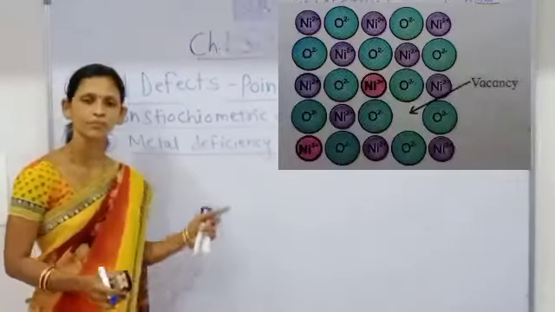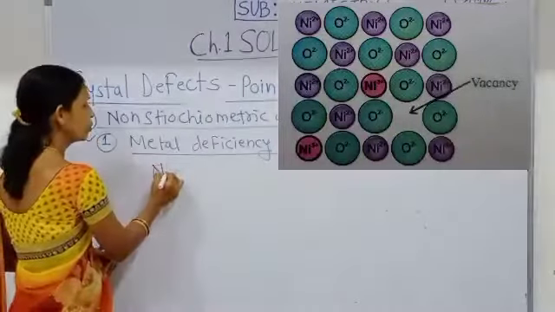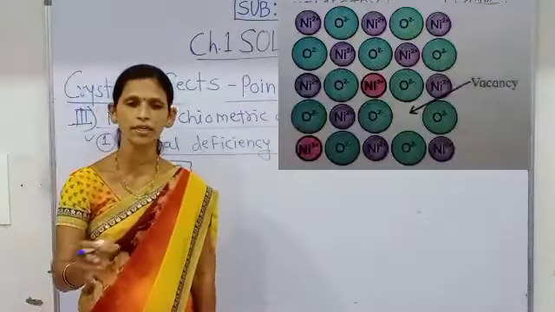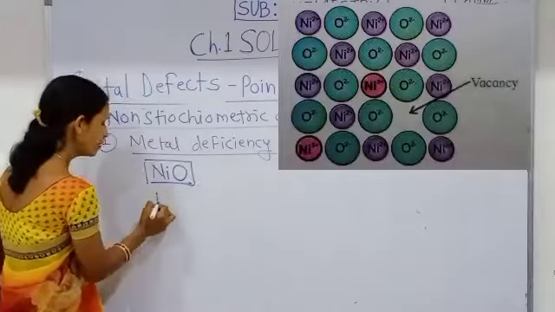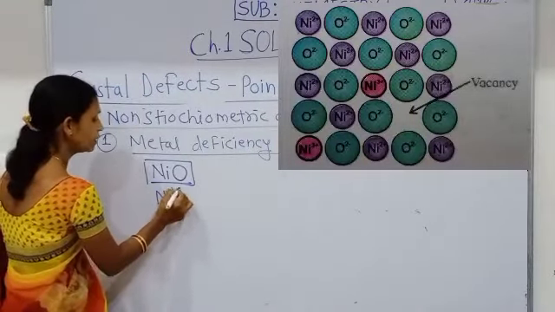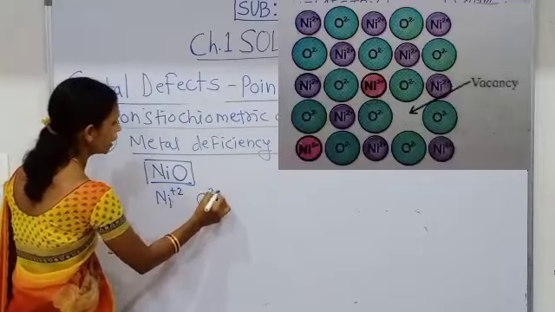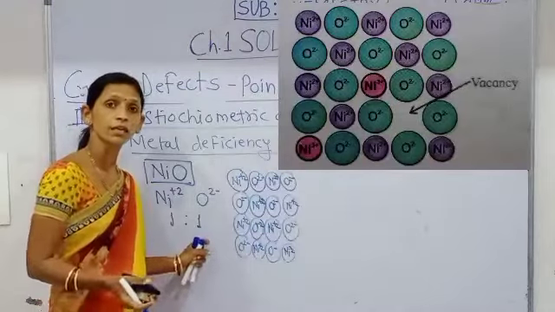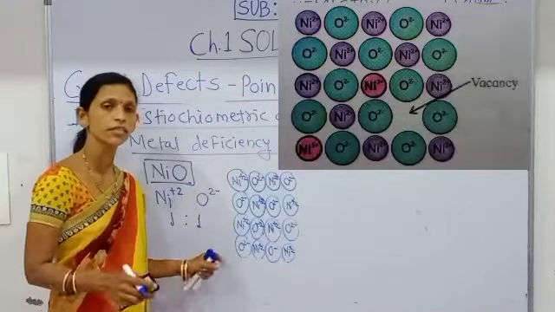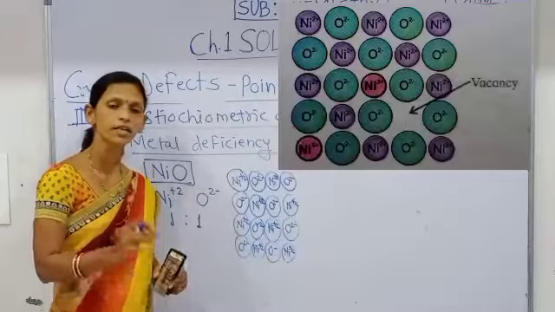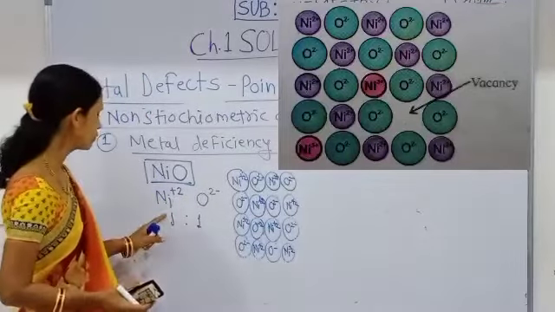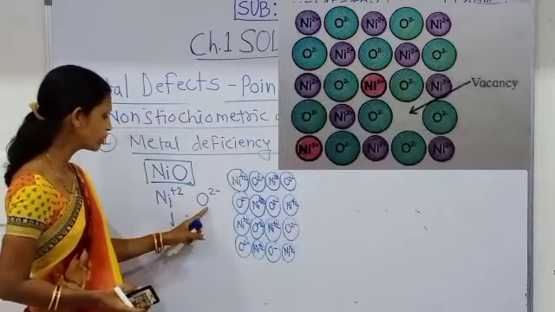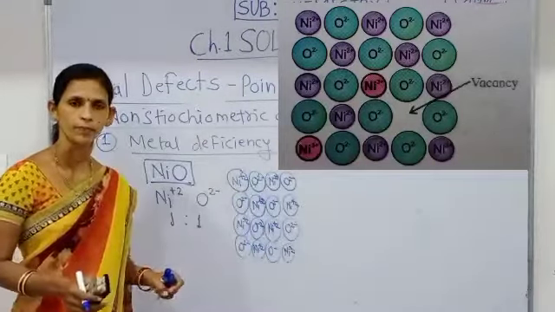That means see here, in NiO crystal, that is nickel oxide, the ratio of Ni2+ ion to O2- ion, that is cation to anion, is 1:1.